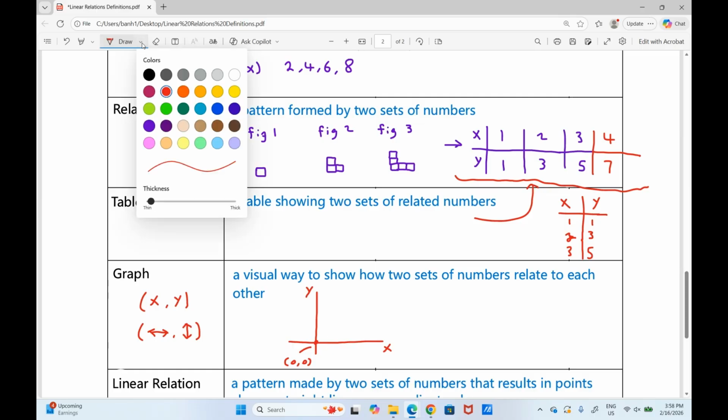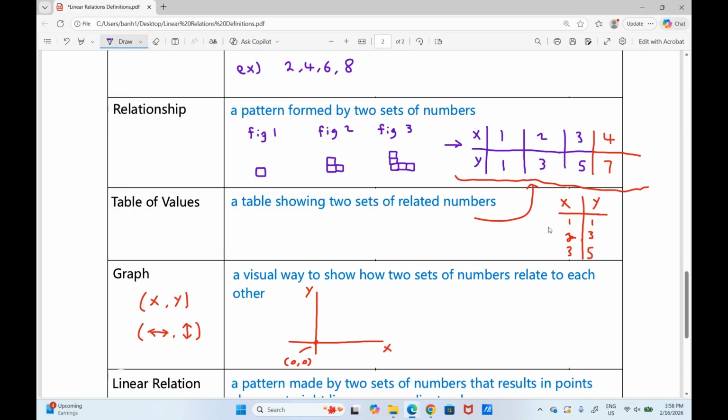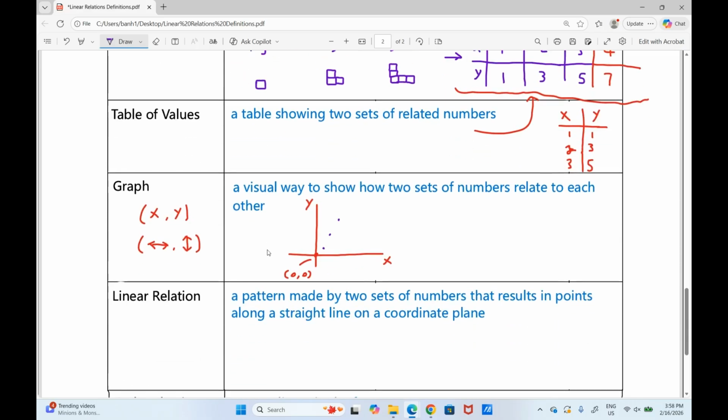So if I were to place this onto a grid, 1, 1, looks like it's approximately here. 2, 3, so I go across by 2, up by 3, yeah, it looks like this. And then I go across by 3 and up by 5, it looks like this. And you would notice that this forms a straight line, and that leads into our next thing, which is linear relation.